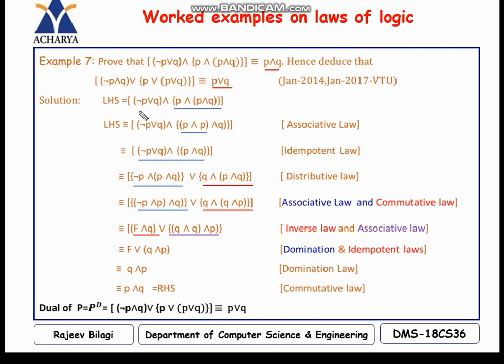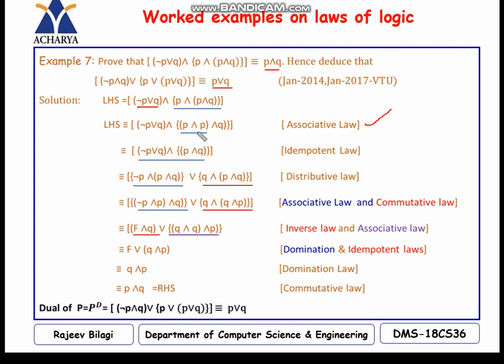So the LHS: if you look at the negation of (P or Q) and P, and P or Q. I can write it as the negation of (P or Q), and I can write this as (P and P), with the bracket changed, and Q. This is the associative law.